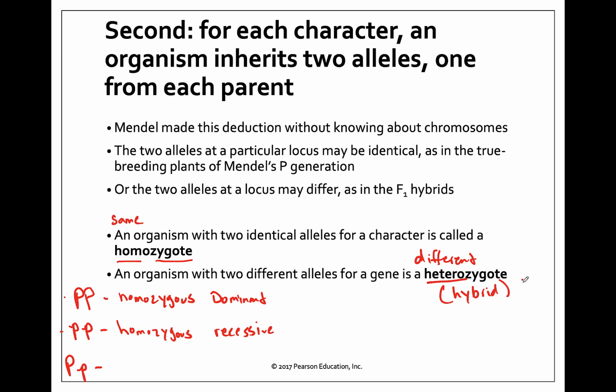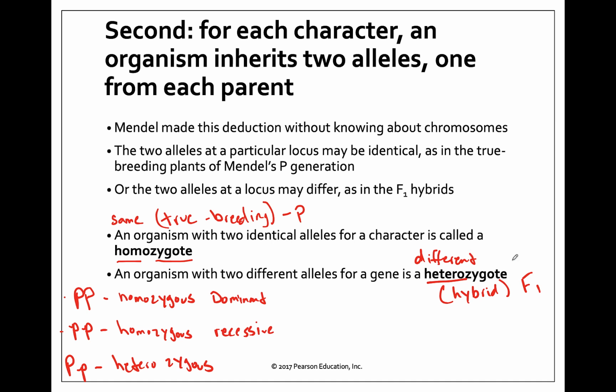So that entire F1 generation were heterozygous. The homozygous individuals can also be called true breeding. So we know that all of the true breeding parents in the first generation were all homozygous, and that's why they produced all flowers of the same color.